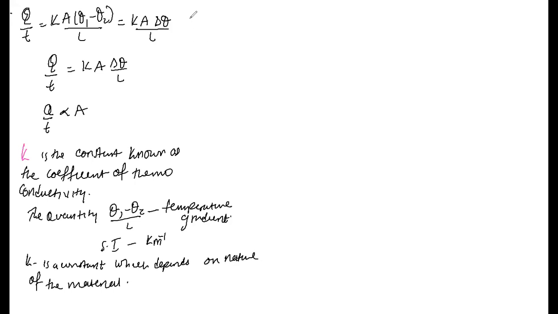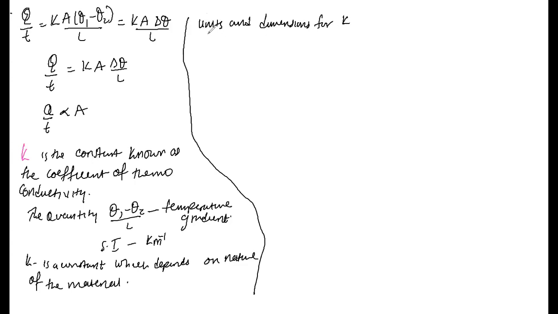So if I want to derive the units and dimensions for K, I hope all of us had covered dimensions at school. From Q over t, because it's the first lesson in paper 1, mechanics, is equal to KA changing theta over L. When I make K the subject, I'll get rate of heat flow divided by A, and the temperature gradient.